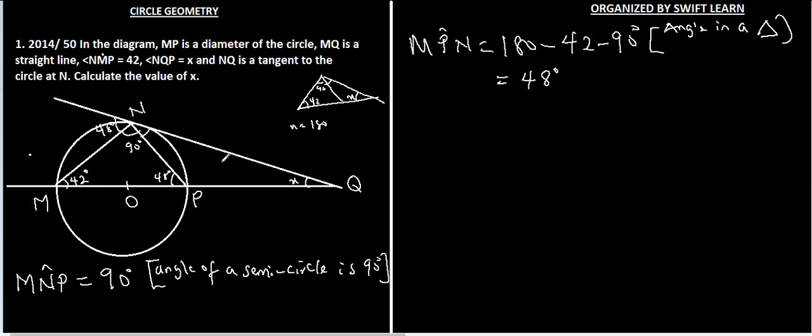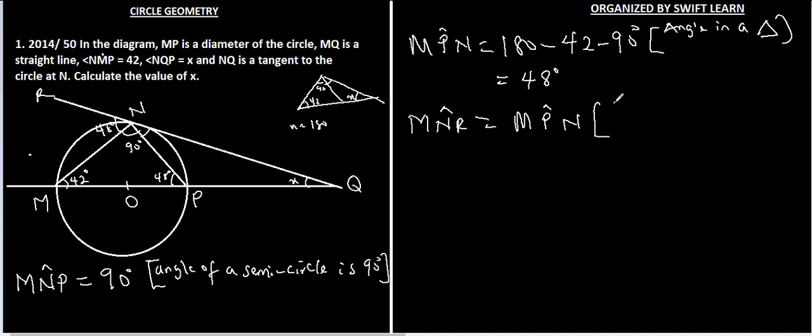If here is 48, do you know that this part will be 48? The reason is that the angle of a tangent to this chord here is equal to the alternate segment. That means I can put here, since it was not given to us, R. For instance, I can say my MNR is equal to my MPN.